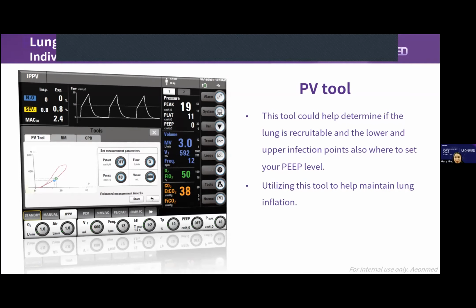So like Dr. Zhang mentioned before, after every ARM, alveolar recruitment maneuver, we need to titrate the PIP every single time, right? Because it's changed again and again. So this tool helps us to have a good process to get which PIP and which tidal volume is suitable for my patients for now.